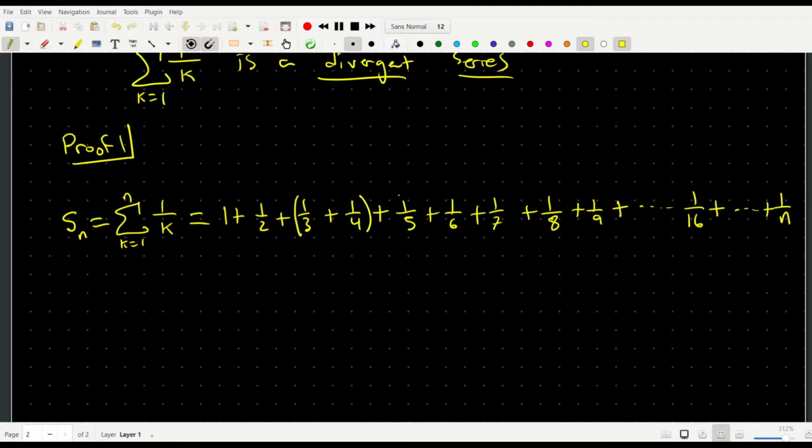If I group these terms and I use powers of 2 as my divider here, basically I group 2 to the 1, which is this 1/2 term right here, and then we have 1/3 plus 1/4, which is 2 to the power 2, and we have 1/5, 1/6, 1/7, all the way up to 2 to the power 3, which is 1/8. So I'm grouping these terms together, then 1/9, 1/10, and so on and so forth, up to 1/16.